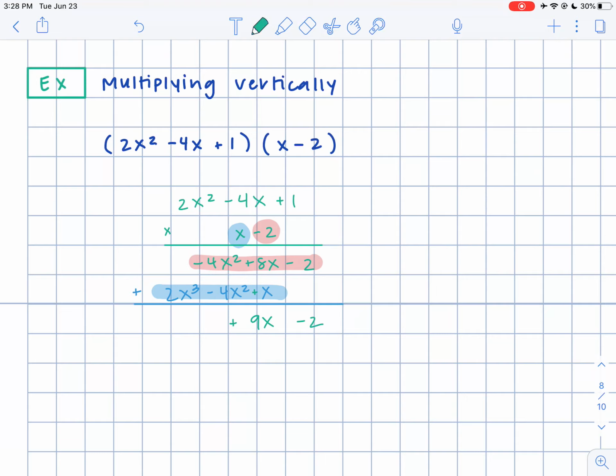They both have a degree of 2, so they are like terms. So this gives us -8x squared. And lastly, we have positive 2x cubed, because there's no other like term. So this is our final answer, a polynomial written in descending order. And remember, you have to write your answers in descending order, and you have to make sure you are combining like terms.